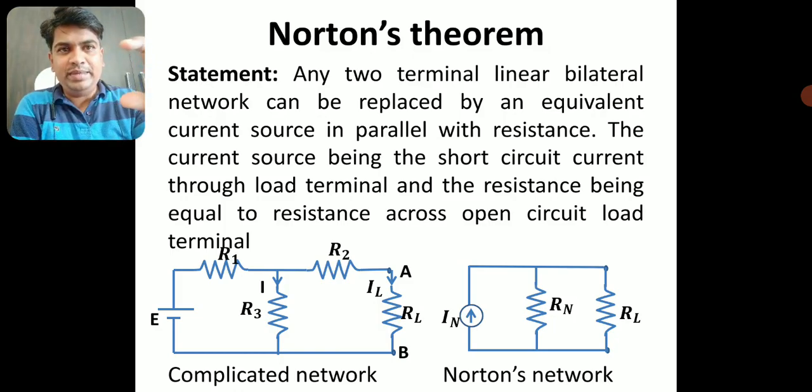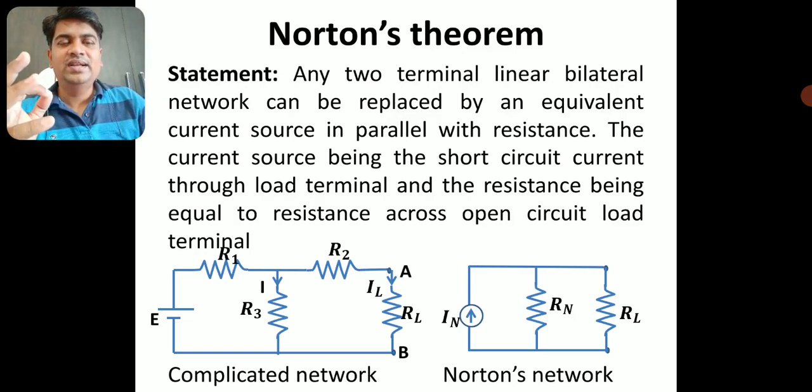At A and B, it is the same for both positions. This R2 looks like series, and R1, R3 look like parallel. So clearly you need to judge which resistors are in parallel and which are in series.